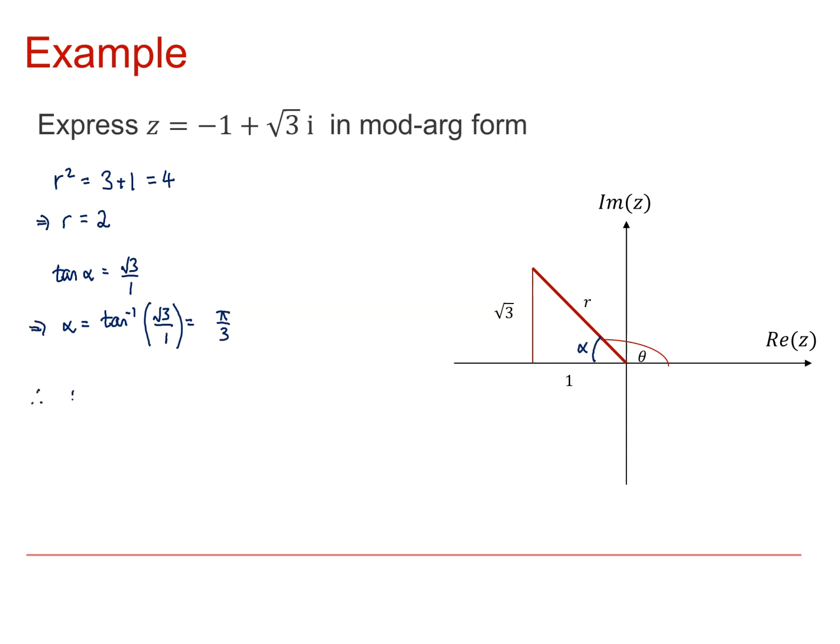And therefore theta is equal to pi minus pi over 3, which is 2 pi over 3. Our complex number z is therefore 2 brackets cos 2 pi over 3 plus i sin 2 pi over 3.